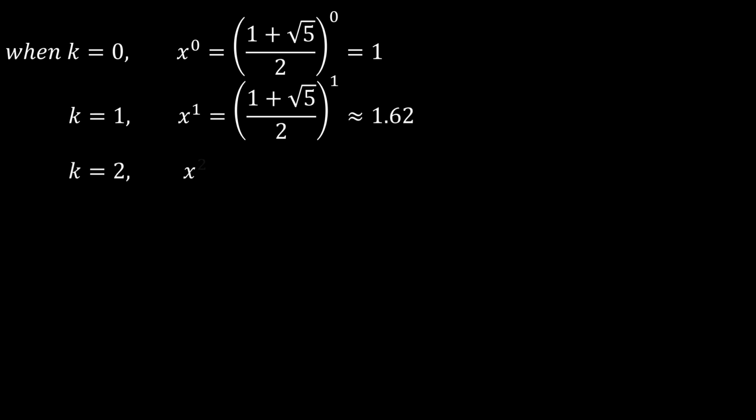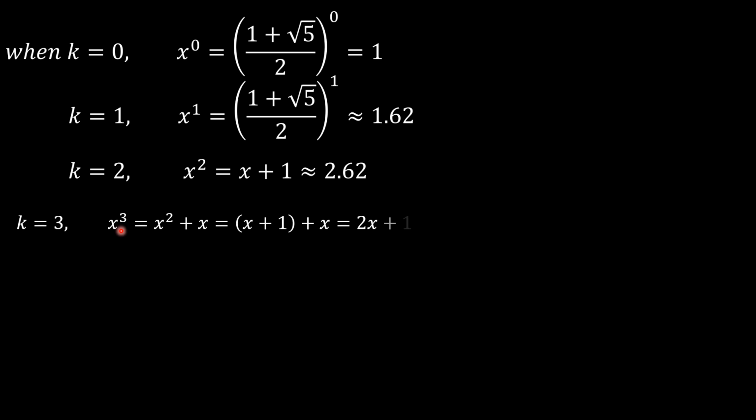When k equals 2, we have x squared equal to x plus 1. We're just adding 1 to that. We can also check that when k equals 3, x to the power 3 is equal to x squared plus x, multiplying x on this.